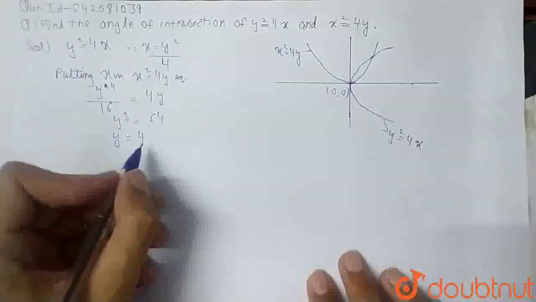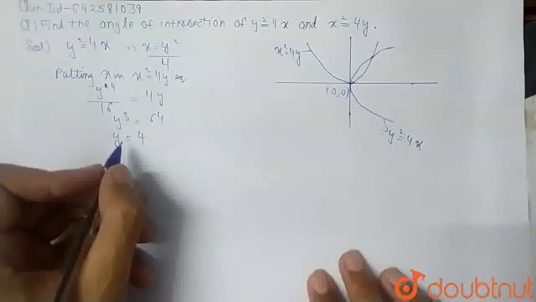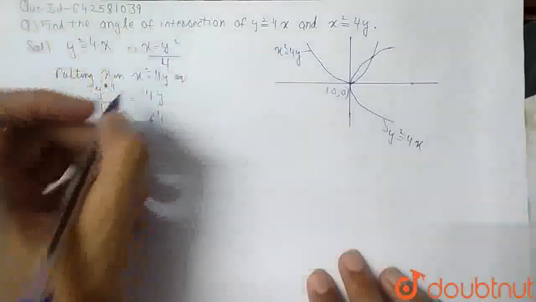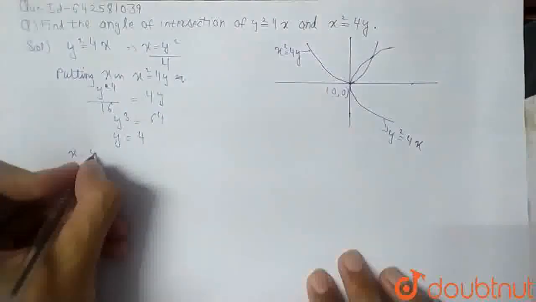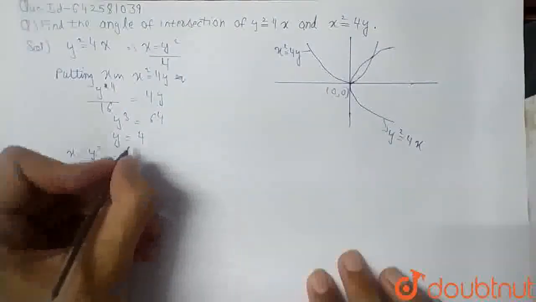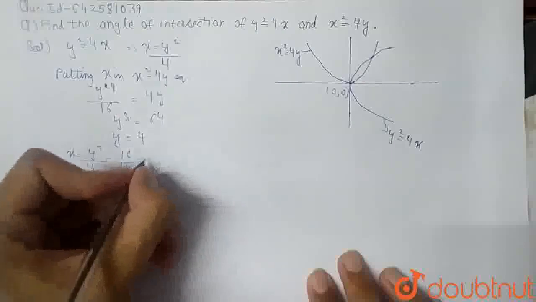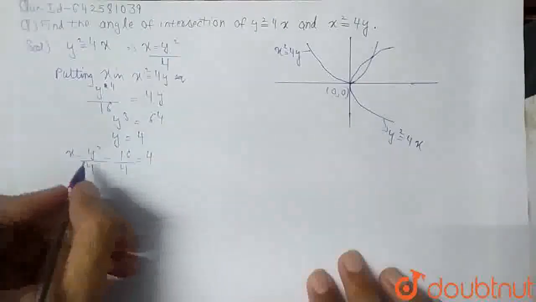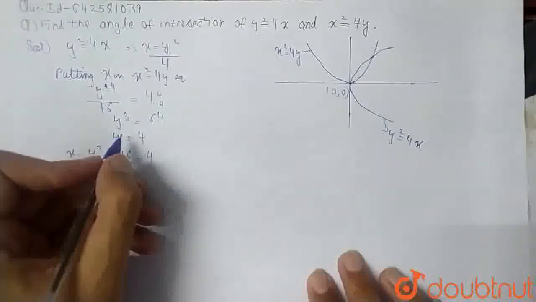So y is equal to 4. Now we put the value of y here: x is equal to y square by 4, which is 16 by 4, so this is equal to 4. So x and y are both 4.